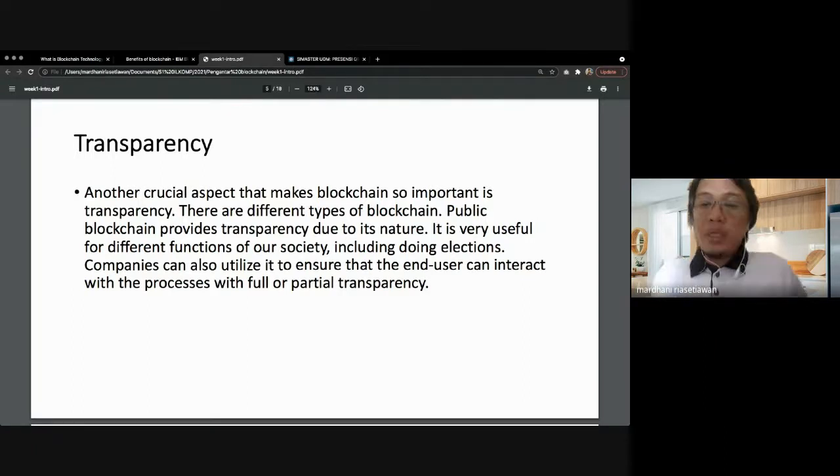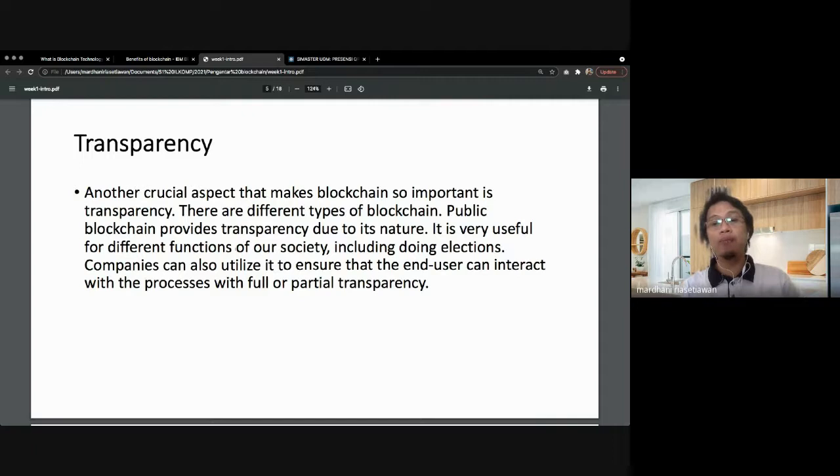So why is it important? In some cases we can have full transparency for several kinds of data, but unfortunately for several industries like healthcare and finance, 100% transparency cannot be implemented because of the rules of the industry itself.